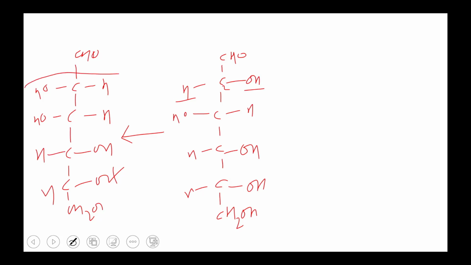At the second position, this change is happening. This is the epimerization of the glucose structure. This is glucose, and this one is mannose, which is the C2 epimer of glucose.